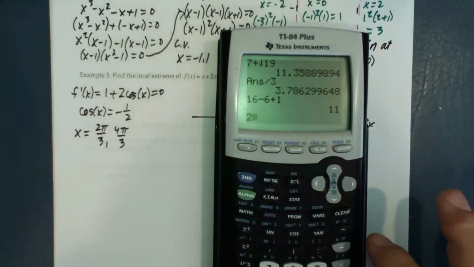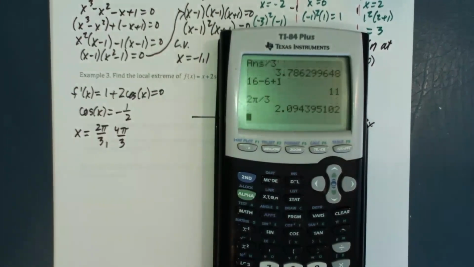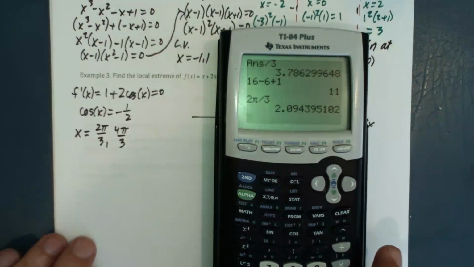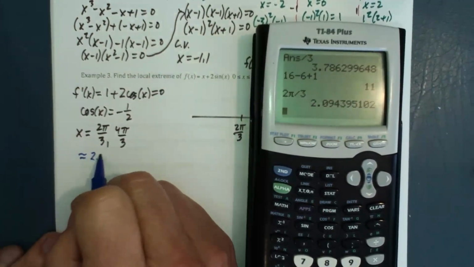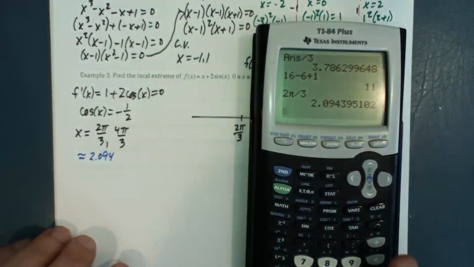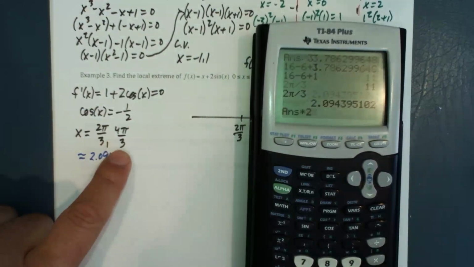So 2 times pi divided by 3. Again, this is just more for me knowing what to test. So this is about 2.094. And you see that one's twice that one, so I'm just going to double that.